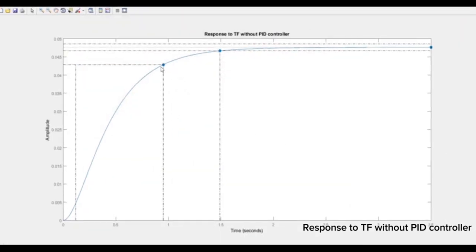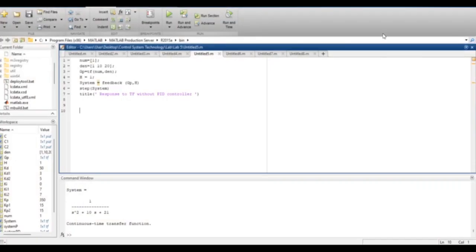So I enlarge it. This is the settling time, and the rise time is 0.833, the settling time is 1.49, the final value is 0.0476. So now let's go for the second graph.